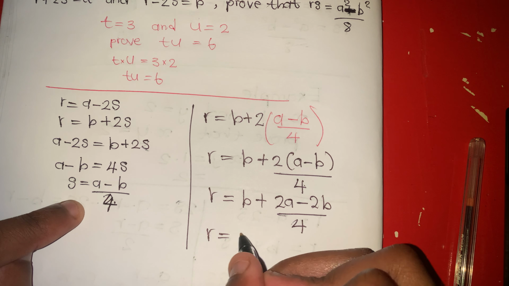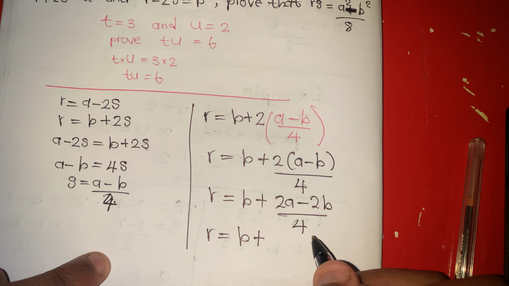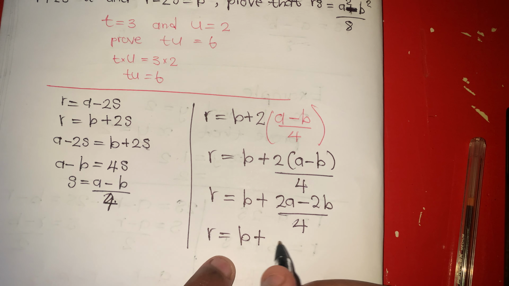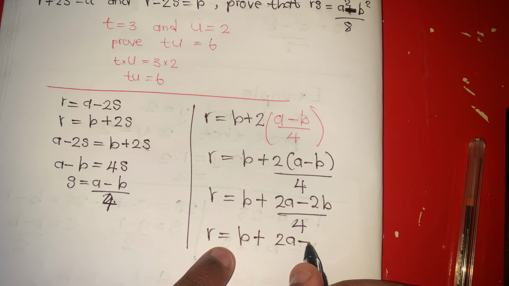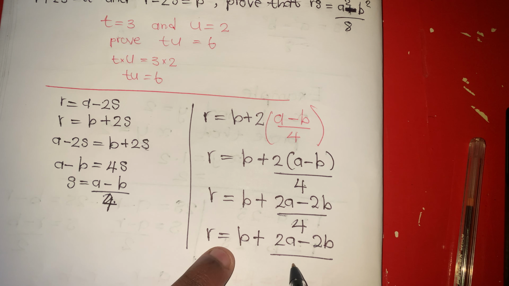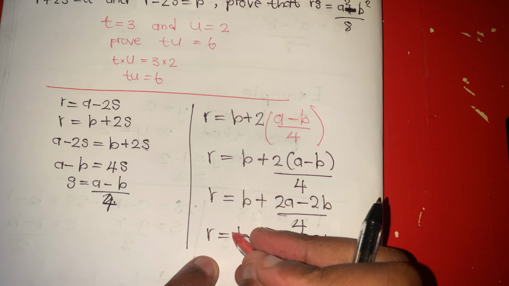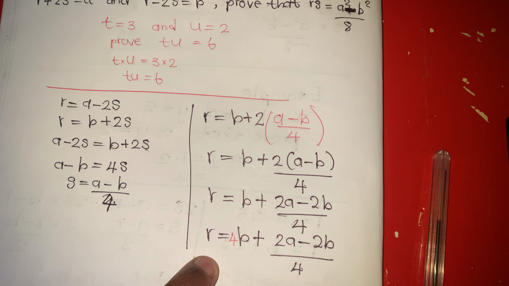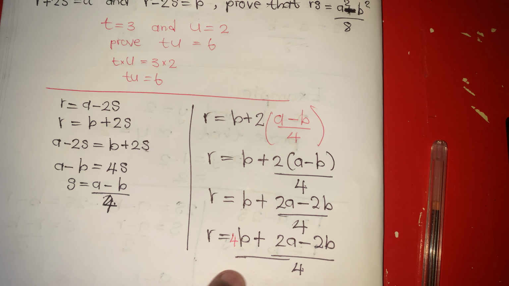Simplifying it further, b plus, so here you can see that you have 2a minus 2b over 4. So you multiply this by 4.